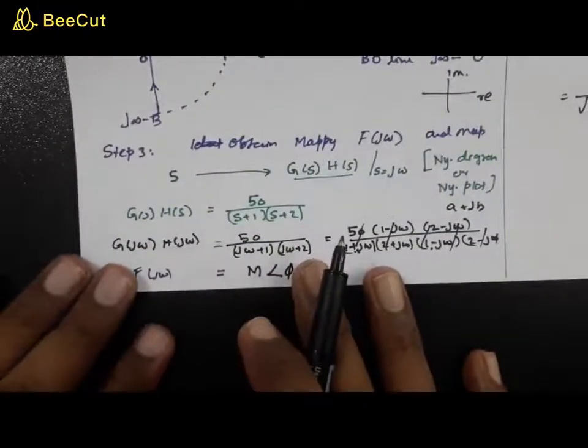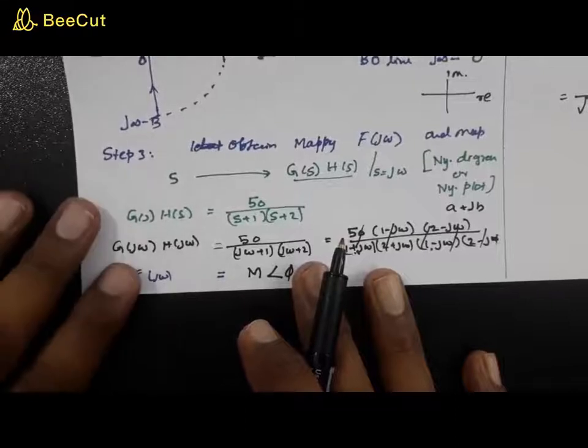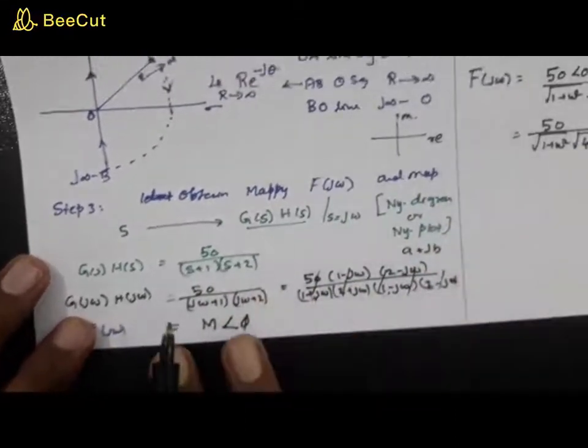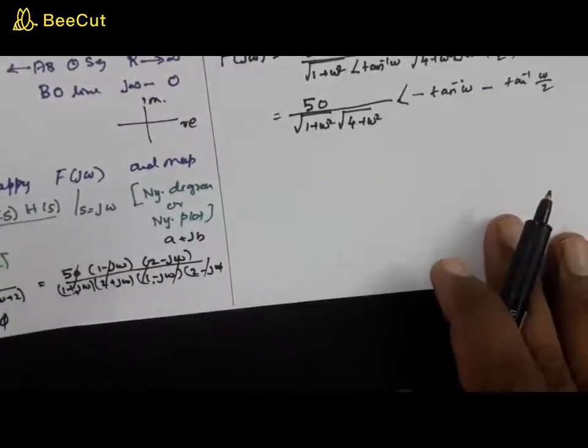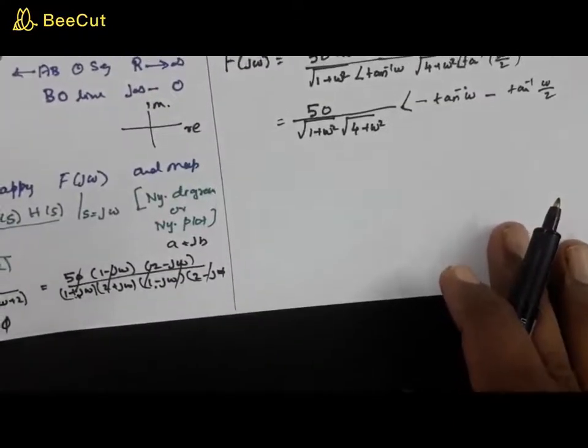So that's the next step. After obtaining the g of j omega and h of j omega, convert this into magnitude angle form. This is what is required to obtain the mapping of this f of j omega.